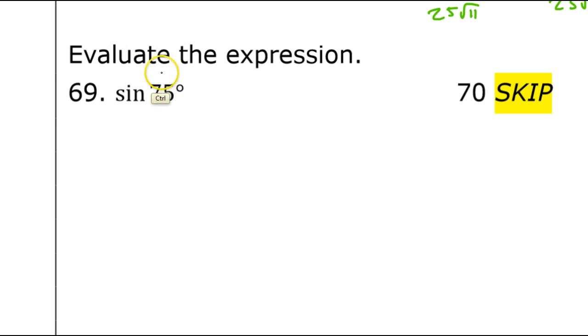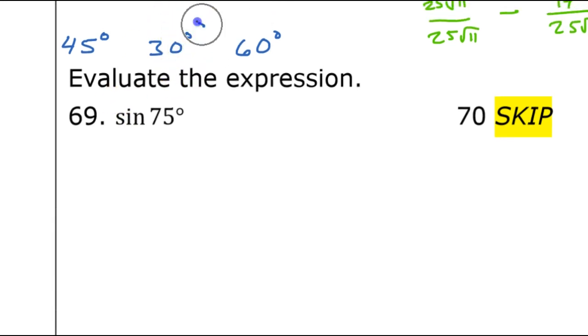But is there a way to write 75 degrees using either 45 degrees or 30 degrees or 60 degrees? Sure. For example, we could add 45 and 30, and that would be 75.